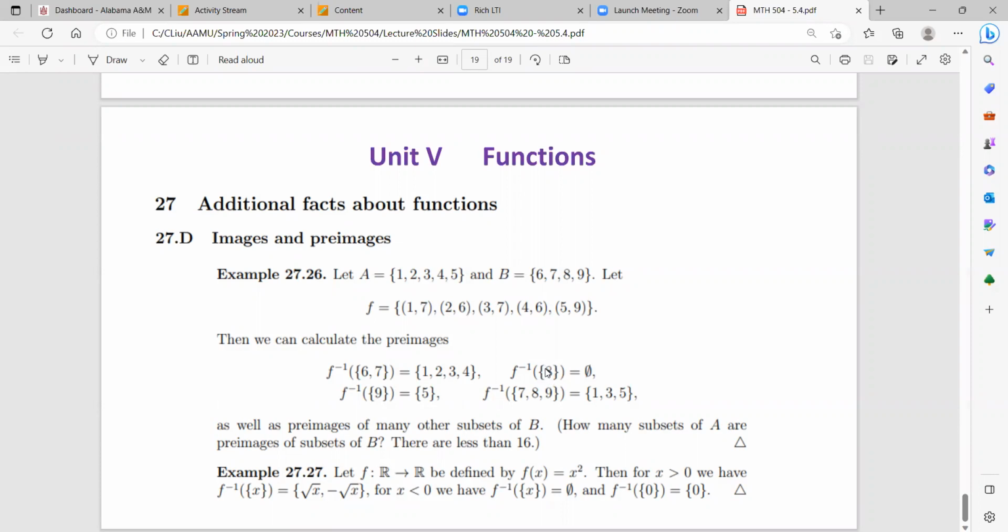It turns out, if you think about it, 8 is not in the range of this function, right?